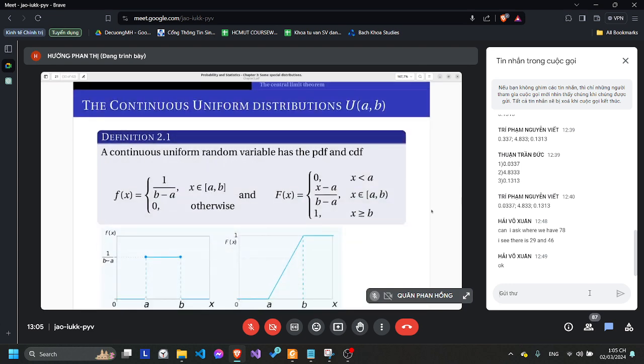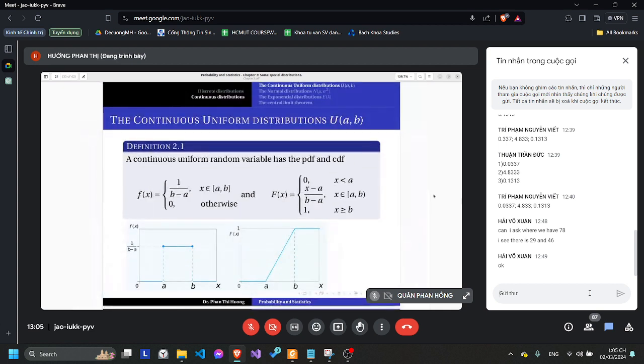So we have done together 3 discrete distributions. The first one is the Bernoulli trials. The second one is the binomial. And the last one we just did is the Poisson distribution. Now let's move to the first continuous distribution.